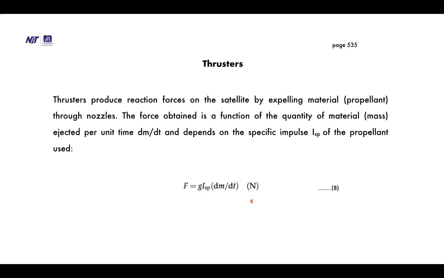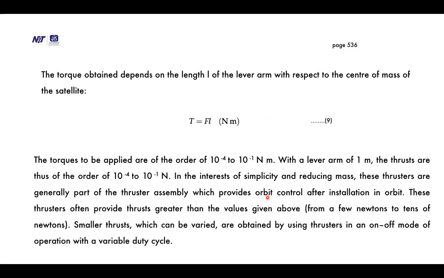This is the force generated and the unit is Newton. The torque obtained depends on the length L of the lever arm with respect to the center of mass of the satellite. So torque generated is equal to force times distance, in Newton meter. The torques to be applied are of the order of 10 to the power minus 4 to 10 to the power minus 1 Newton meter.